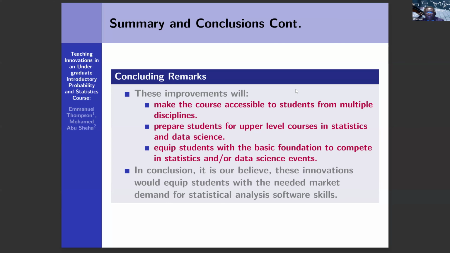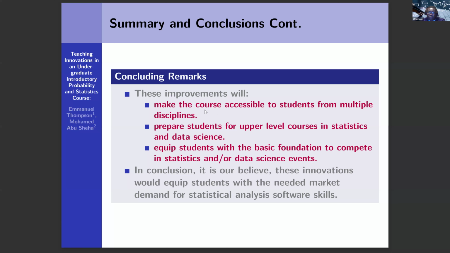Then in terms of our concluding remarks, we want to say that these improvements we've started implementing in our classrooms will make our course accessible to students from multiple disciplines. Nowadays, they talk about data science, the ability to use data to inform decisions. It's not only the preserve of those who become statisticians, it cuts across multiple disciplines and practice areas.